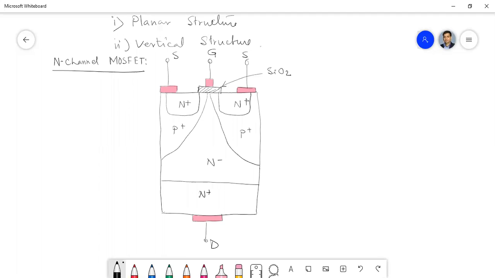Okay. Now, how to bias this? Now the symbol which we use for this, let me draw that first, then I will go for the working principle. So this is the G terminal which is called gate. Can you tell me in which way the arrow we should show here and where we should show the arrow?